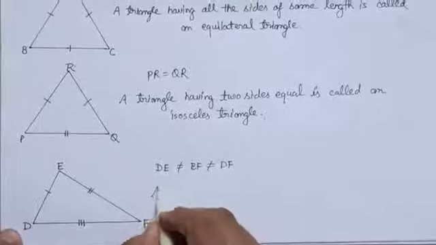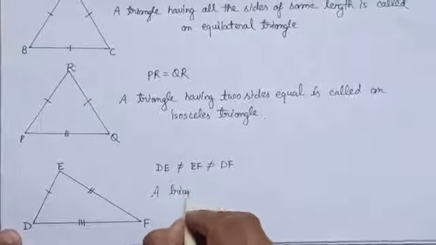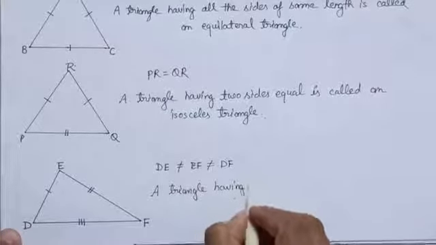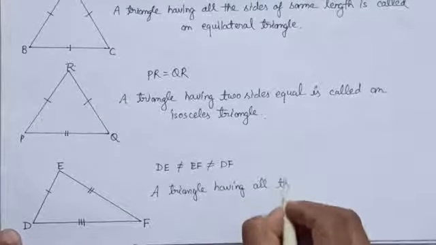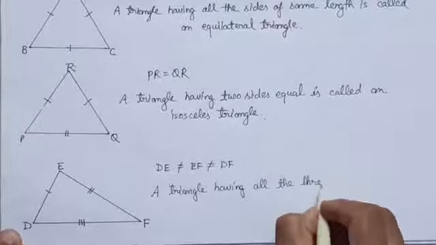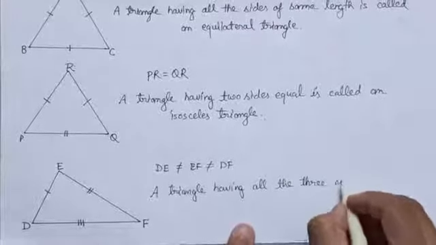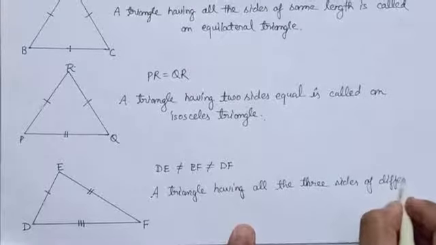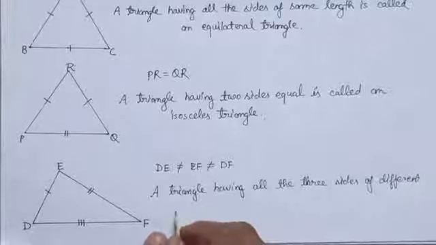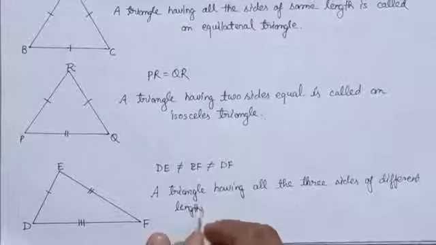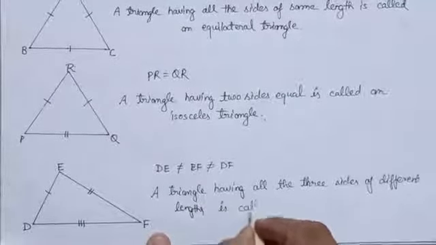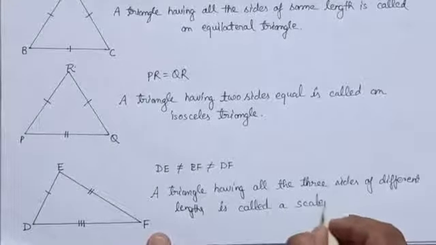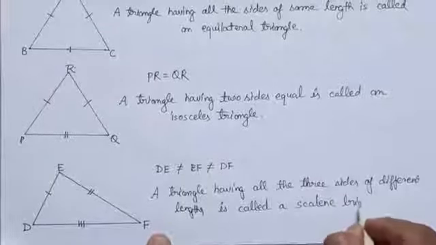A triangle having all three sides of different length is called a scalene triangle.